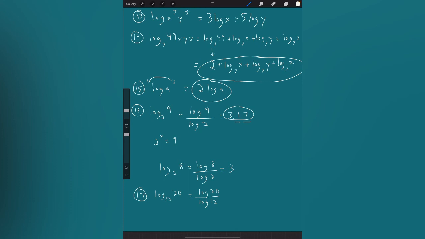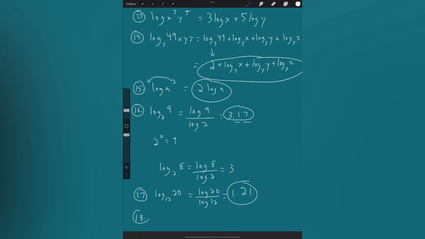I'll type in log 20 divided by log 12, and I get 1.205. If I'm just rounding to this place right here, I'll round up to 1.21. All right, and that's what I get for 17.